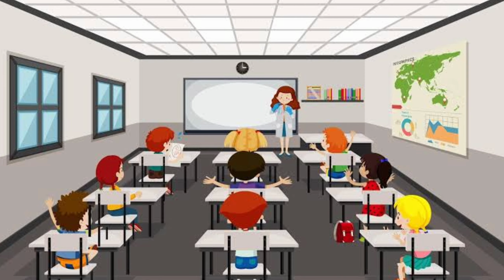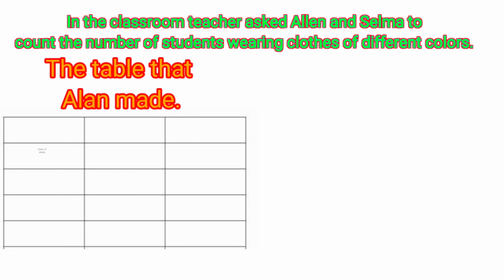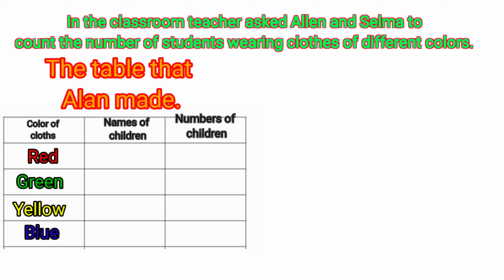In the classroom, the teacher asked Alan and Selma to count the number of students wearing clothes of different colors. The table that Alan made. Color of clothes: red, green, yellow, blue. Names of children, number of children.